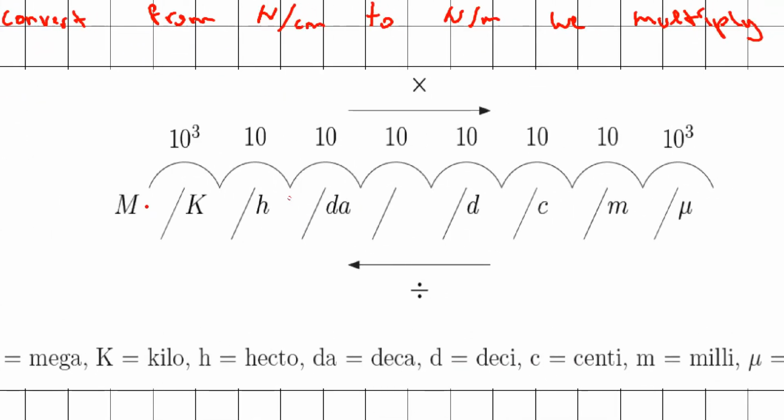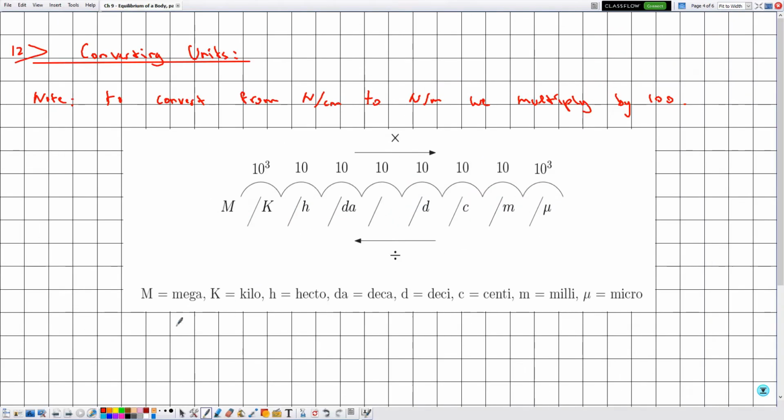So here if we put m, and if you are interested in converting from centimeters to meters, we are moving to the left, then we divide by, 1, 2, so we divide by 100. So from centimeters to meters, we divide by 100.